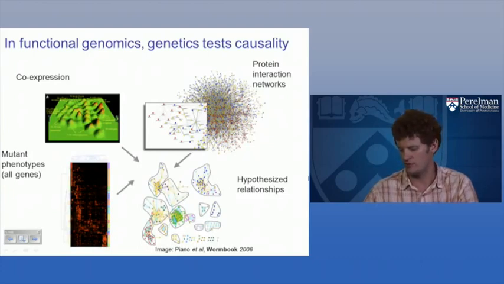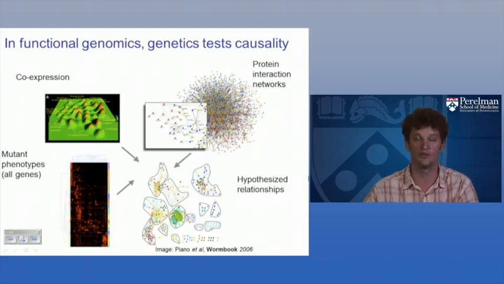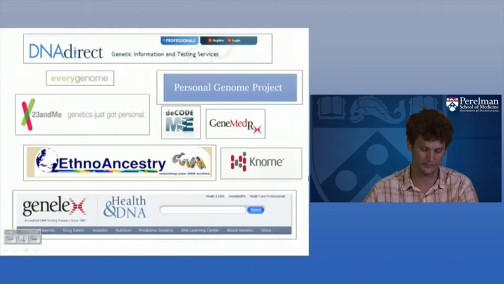The gold standard to figure out that a gene is really important for a particular process is its mutant phenotype. That is, what is the phenotype of the organism when that gene is altered in some way. And if you have a number of genes that have similar mutant phenotypes, that actually is a really powerful predictor that those are working together in some common process. So when you combine it with these other types of large-scale data, it really ties things together.